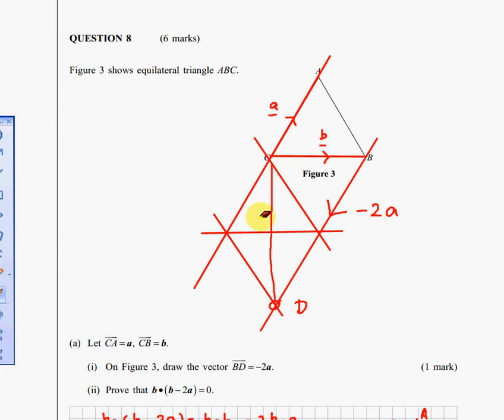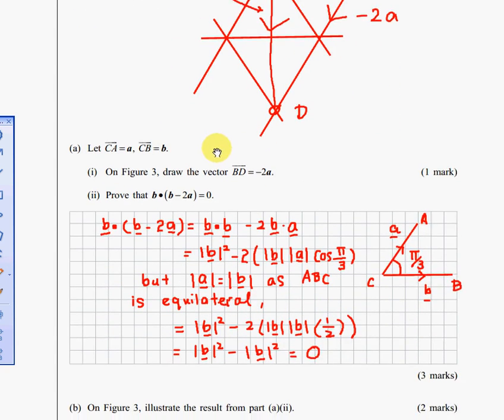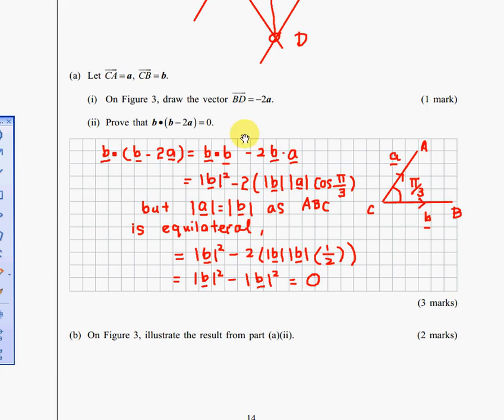So this is the vector B minus 2a. You should also mention this perpendicular, because this is the part where they ask you to show it. Just remember there are two concepts. Number one, although A and B are not the same vectors, they have the same magnitude.